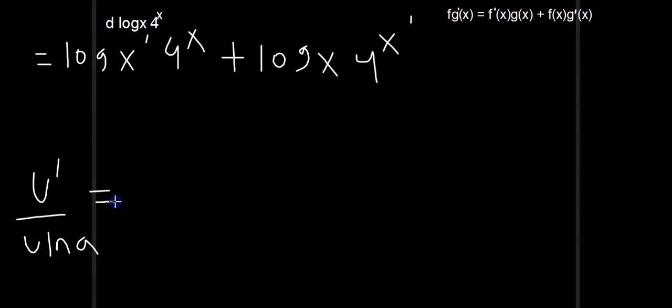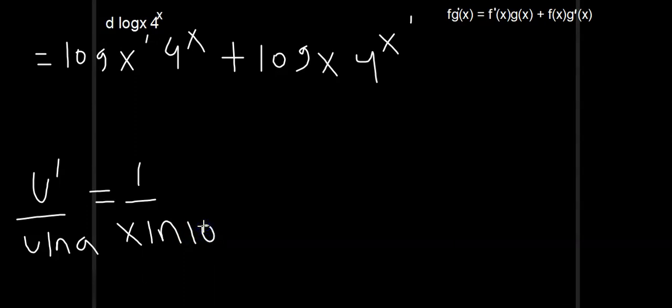So my u derivative means you derivate the x, and when you derivate x, you get 1. And then 1 over, and you don't have to derivate x. This is actually the log formula. I got a video on this. So don't derivate x, just write the x as it is, and then eventually write ln 10, since I don't have any a value.